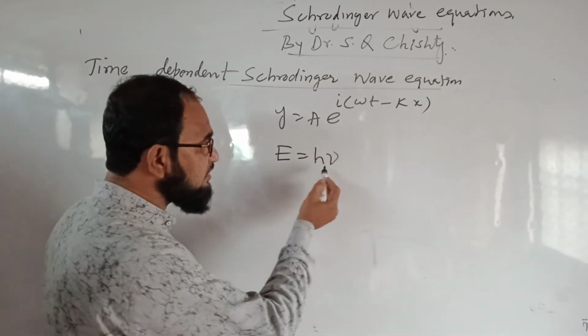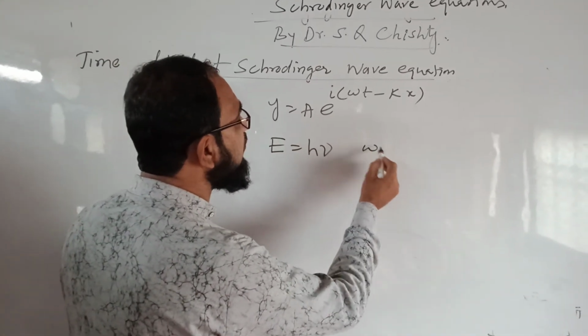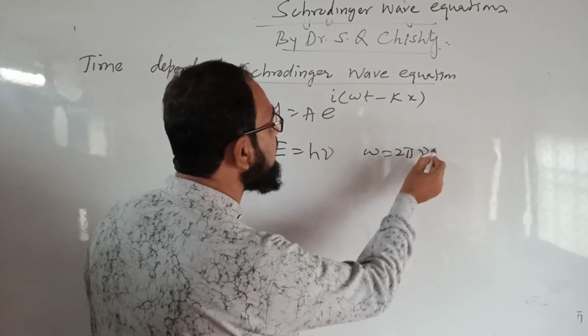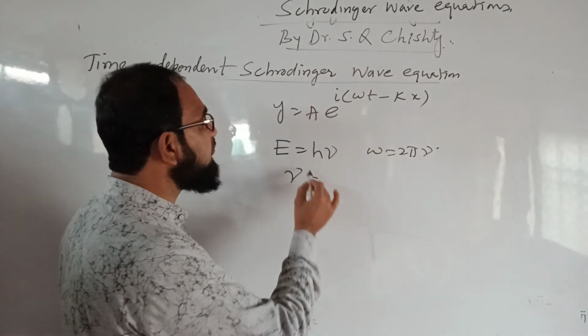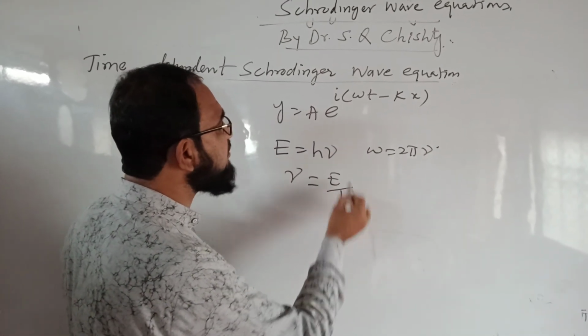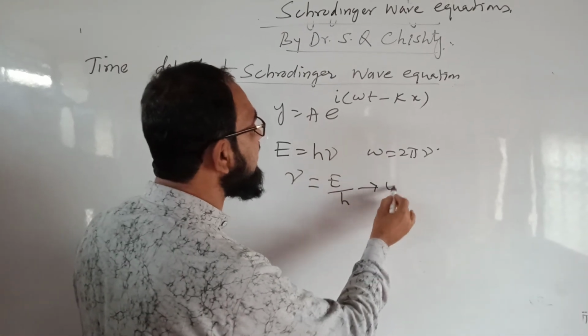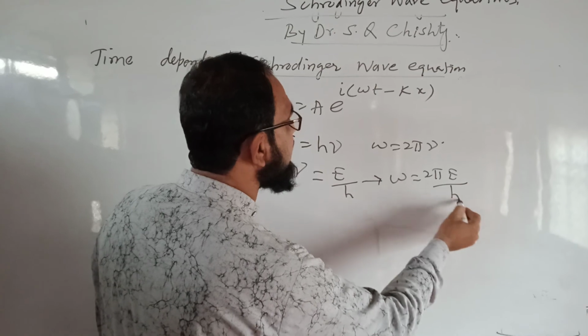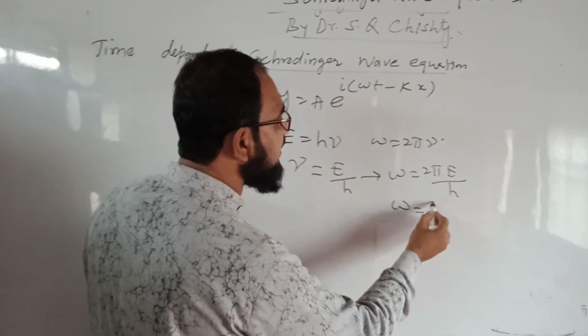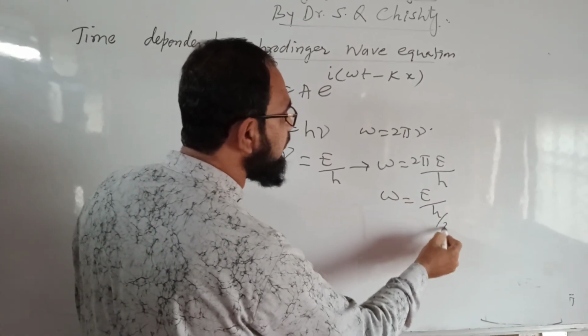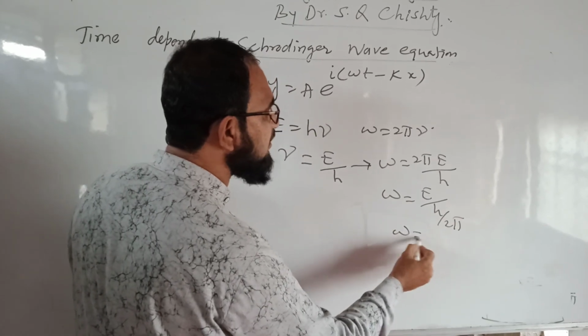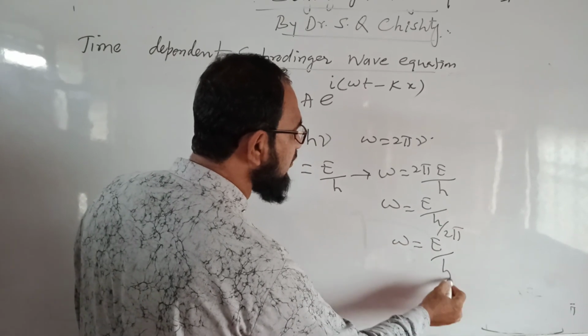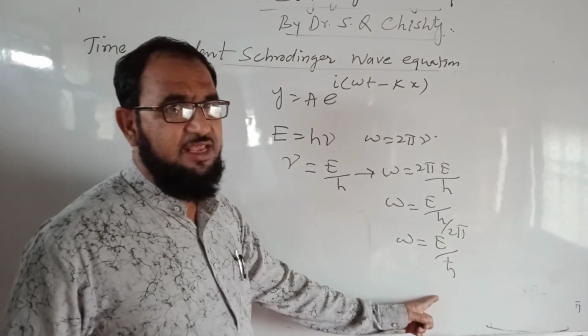So if E is equal to h nu, then omega is 2 pi nu. So I will find the value of nu from here as E upon h, and so I will substitute it here. Omega is equal to 2 pi E upon h, or omega can be written as E upon h by 2 pi, or omega is equal to E upon h cross, where h upon 2 pi is called as h cross.